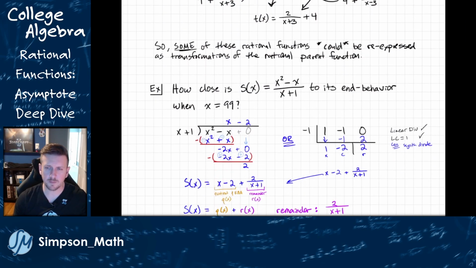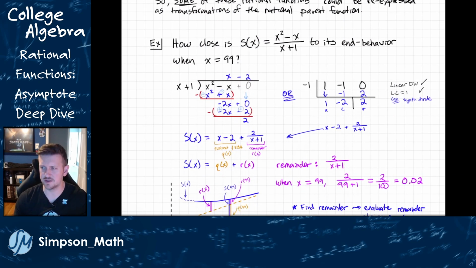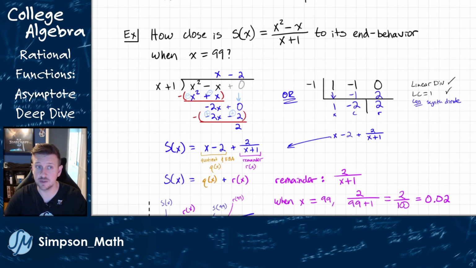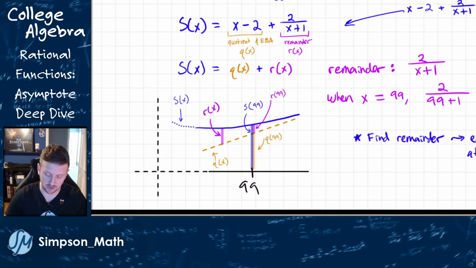All right. Two different kinds of question types that I want to talk about. The first is, how close is this function, s of x, x squared minus x over x plus 1, to its end behavior when x is 99? So somewhere, I'm kind of imagining a graph here.